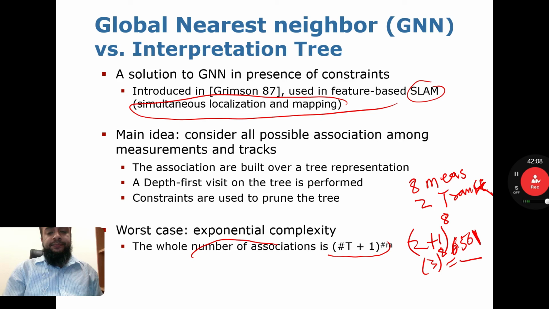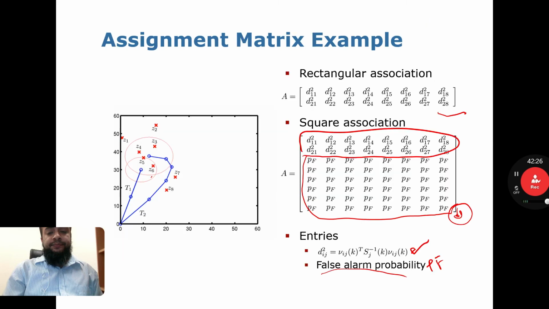Its complexity increases exponentially with the number of measurements and the number of tracks. As the number of measurements and tracks increases, the complexity increases, because the size of the matrix increases like this one and more. It is set like a binomial distribution.